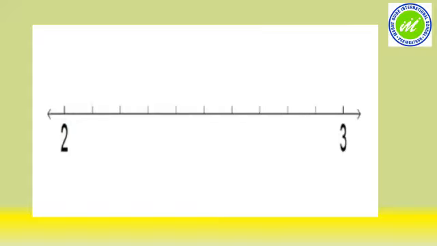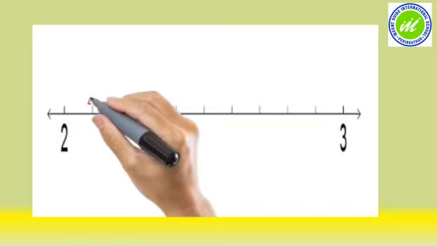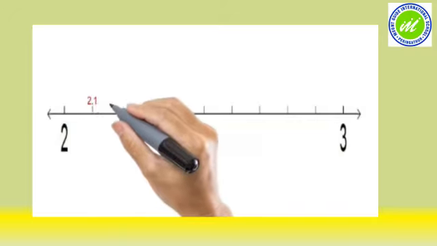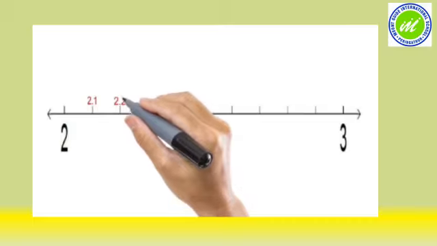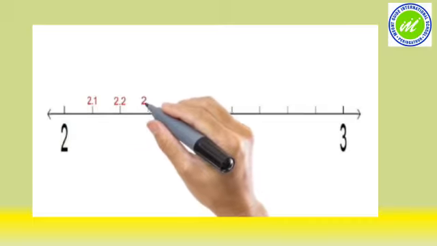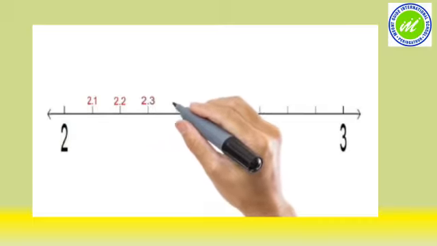To have a clear view, let us assume that we have a magnifying glass in our hand and look at the portion between 2 and 3. It will look like what you see in this episode.